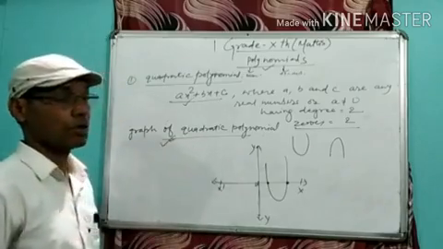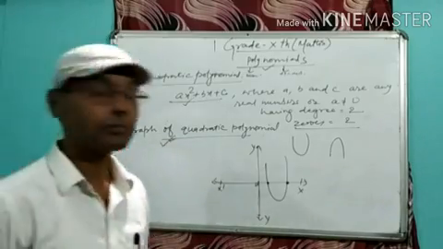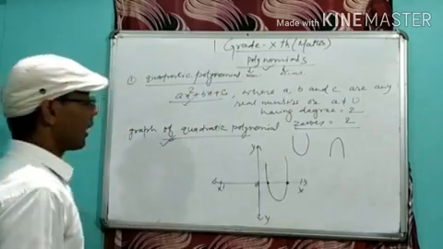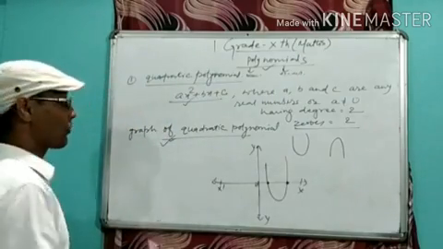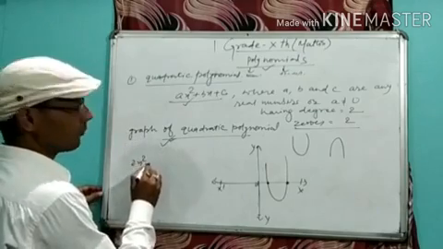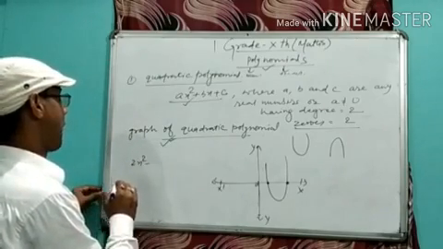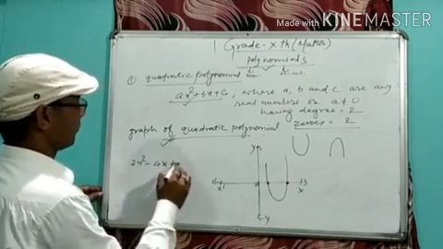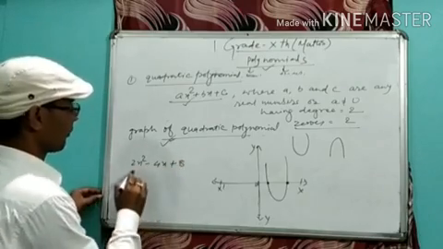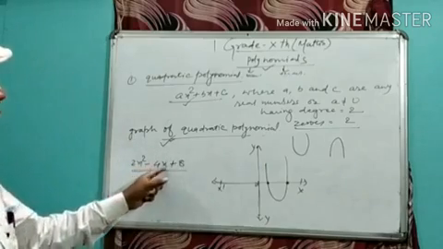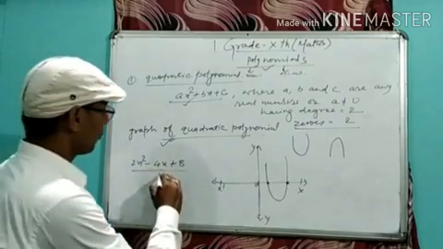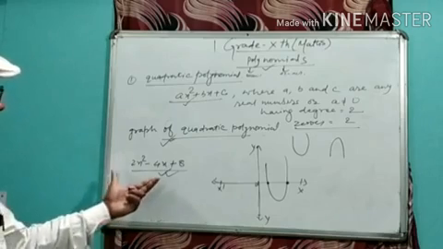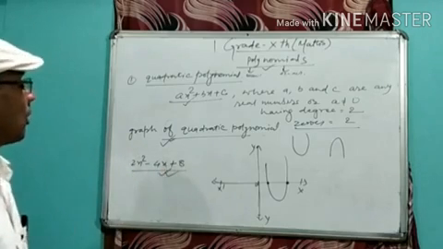I am giving you a question. Suppose, my dear friends, one question is like 2x square minus 4x plus 8. 2x square minus 4x plus 8 is a form of quadratic polynomial.